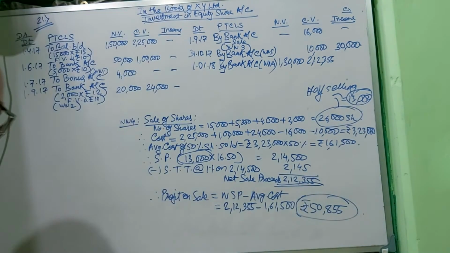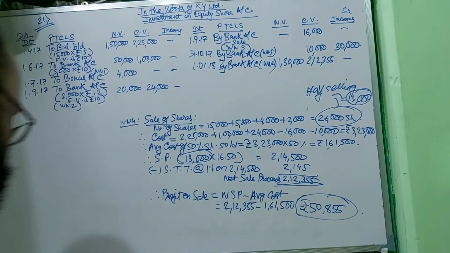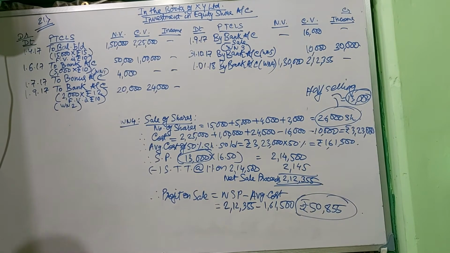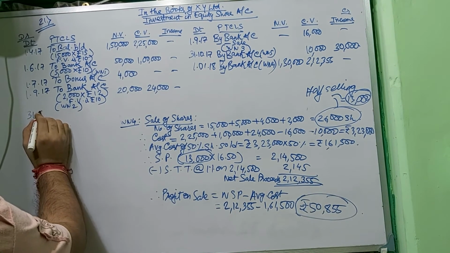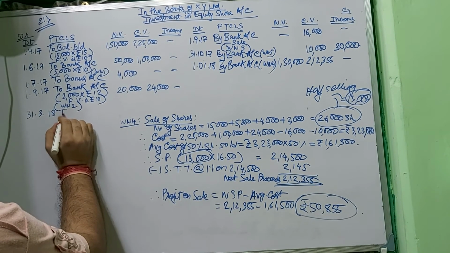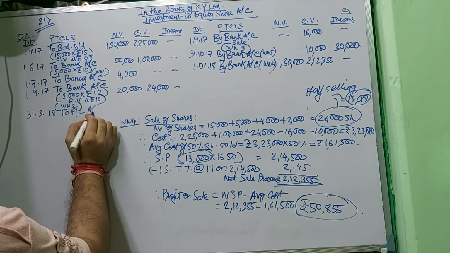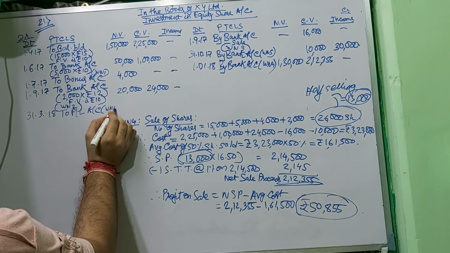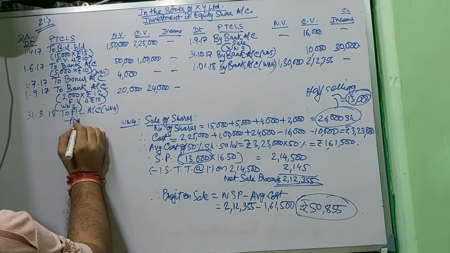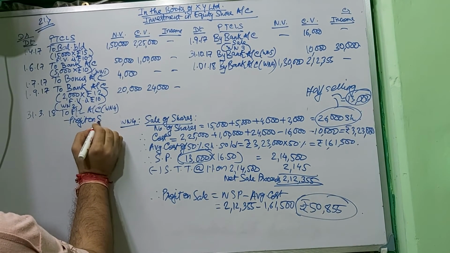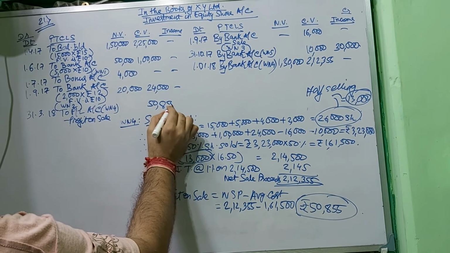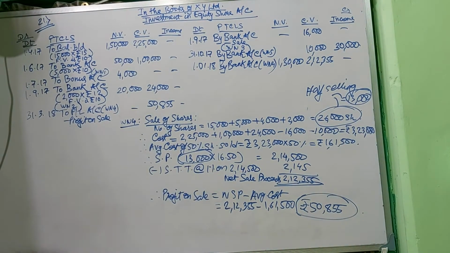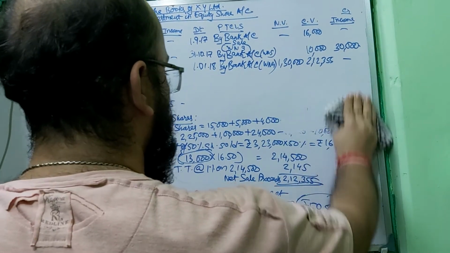Right? Now there has been a profit of 50,855, so it will be on 31st March 18 to PL account, working for profit on sale. How much? 50,855.